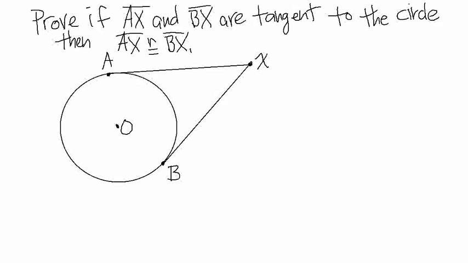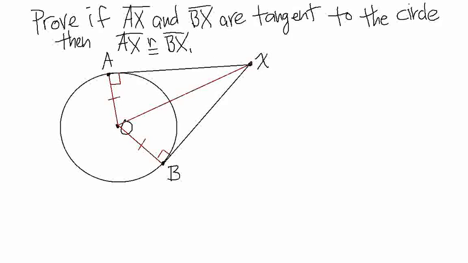Okay, so I'll go ahead and prove it as well. We can draw radii to the point of tangency, and we know that those radii are congruent. We also know that those radii are perpendicular to the tangent segments. All right, and let's also draw line segment OX. And what do we notice?